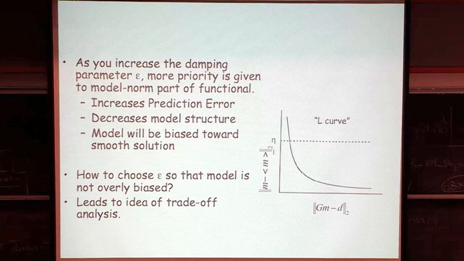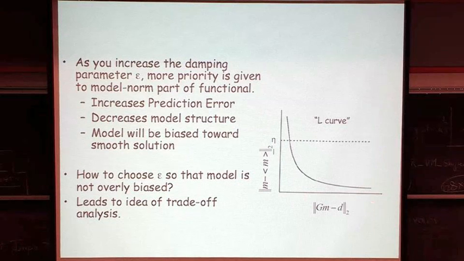And so basically you can choose various damping parameters, theta, and decide what is the level of norm here, given by eta, that is acceptable, and then choose your model somewhere along this line. But you can see that if you decrease the norm, then your misfit increases and can become very large.